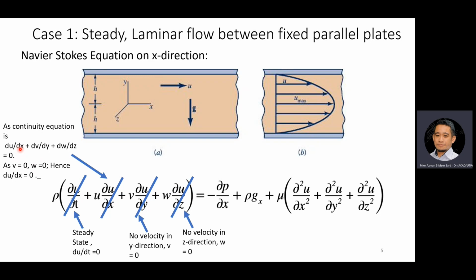So du per dx must be 0 as well. That's why this term is 0. Now all the terms on the left side here are equal to 0.